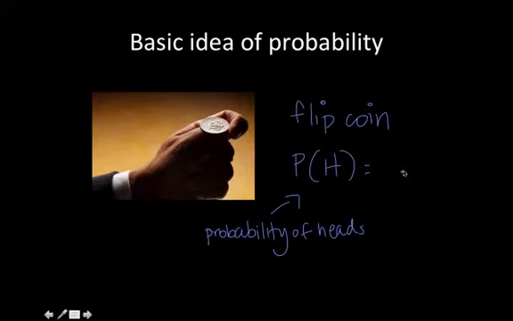But when we're finding probability, what we want to think of is how many equally likely possibilities will happen. What we want to think of is the total number of outcomes for the event that could occur. So the total number of outcomes or the sample space of the event.